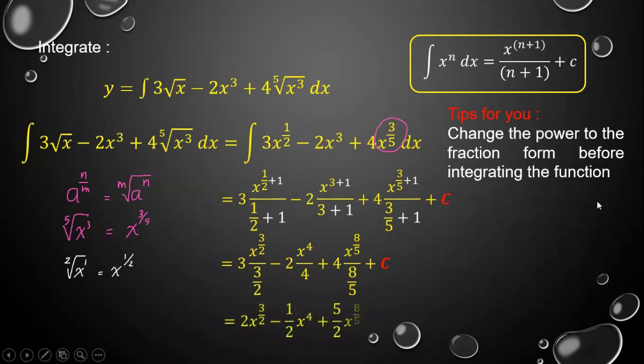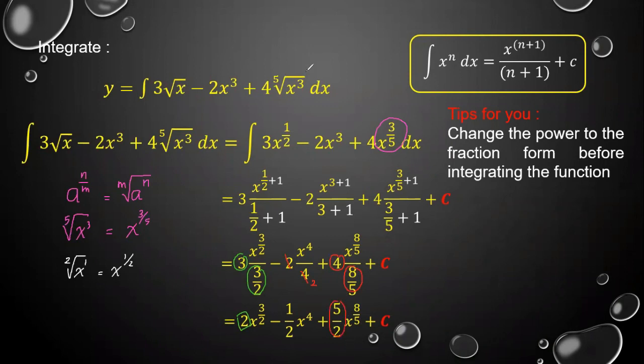Okay, now we have the simplest one. 3 divided by 3 over 2, we got 2. Right? This one, 2 and 4 cancel, we got a half. And 4 divided by 8 over 5, we will find 5 over 2.